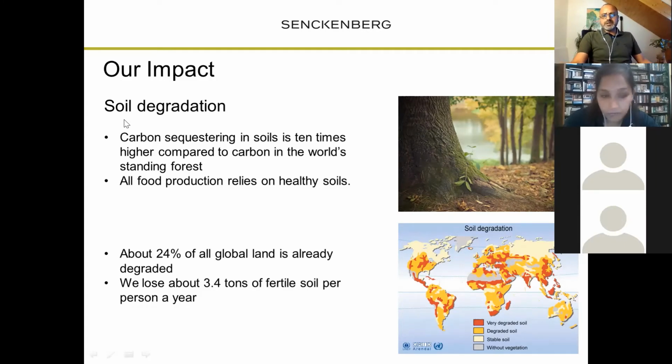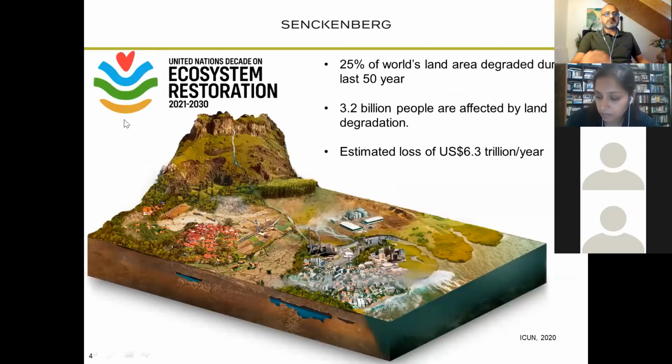About 24% of our global lands we have already degraded, and we are losing about 3.4 tons of fertile soil every year. At the end, if we keep on losing our fertile soil, then we would have food problems and other biodiversity issues, because we will be dramatically reducing the habitat of wildlife as well.